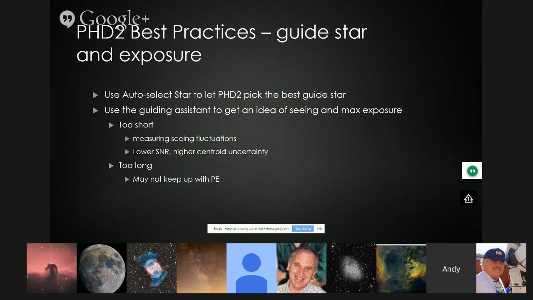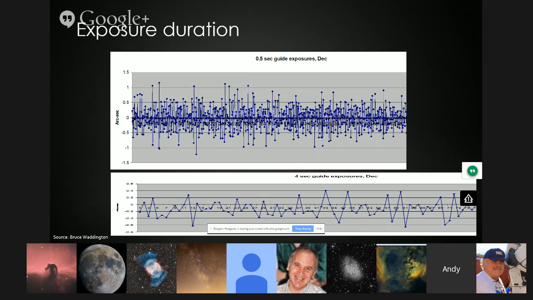And if you make your guide exposures too long, you might bump up against falling behind the steepest sections of your RA periodic error. So I'm going to talk a little bit more on the next slides about chasing seeing.